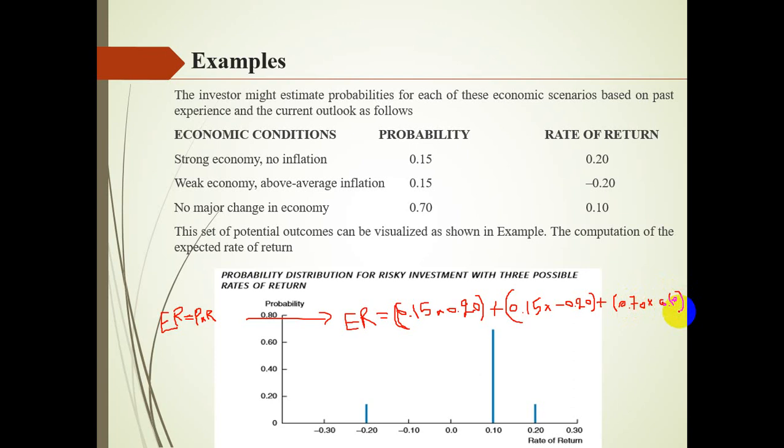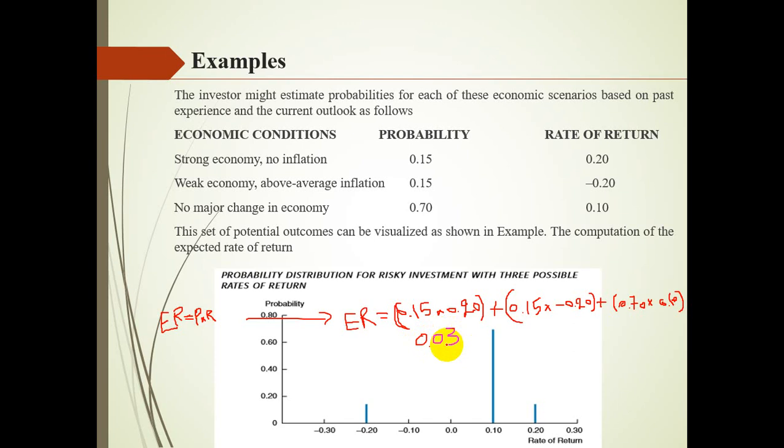So if you calculate this expected return from these questions, how will you analyze it? If you have a calculator, you can use it. 0.15 multiplied by 0.20 is 0.03.